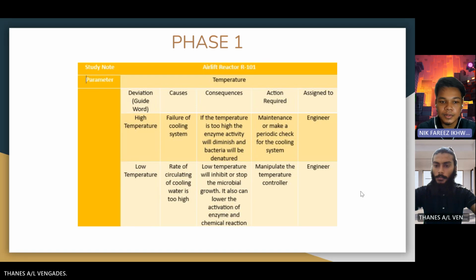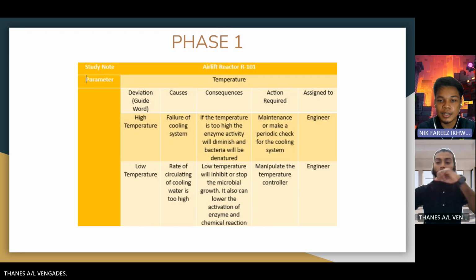The cause of the high temperature we can see here is the failure of the cooling system. From the causes we can derive the consequences: if the temperature is too high, the enzyme activity will diminish and bacteria will be denatured. So the action required is maintenance or a predictive check for the cooling system, and it is assigned to engineering.